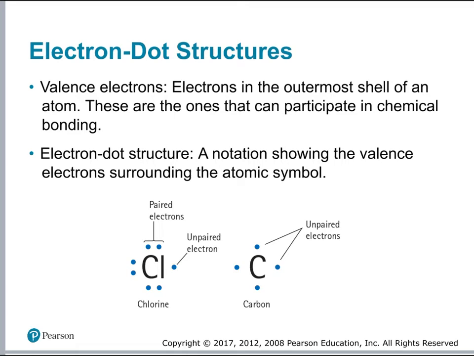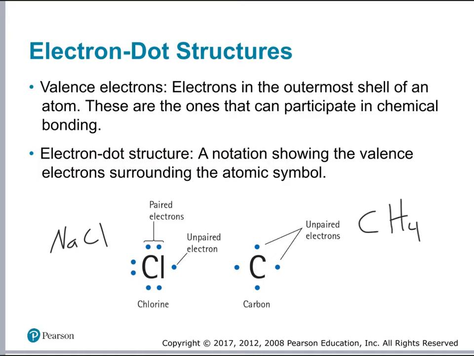So for example, with chlorine, we've already talked about NaCl: there's one unpaired electron that's available for bonding, and so it can bond to one atom. So one chlorine atom can bond to one sodium atom and make sodium chloride. Carbon has four unpaired electrons, so it can actually make four bonds.